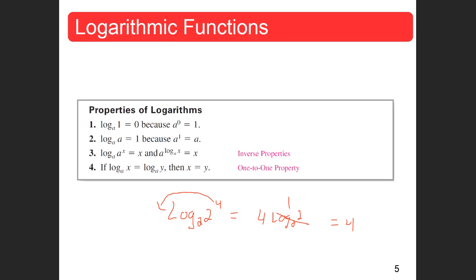Now, if I gave you something like the log base 2 of 8 to the 5th power, what would that answer be? Without using a calculator, what would that answer be? And that's the type of problem that I have on the assessment this week. 15? I agree, it is 15.